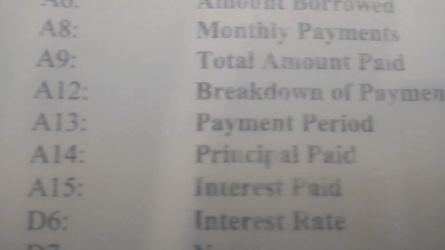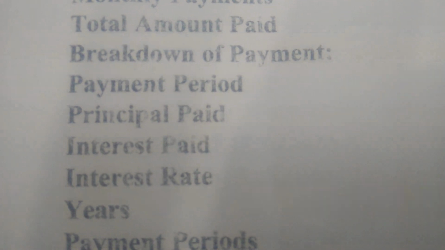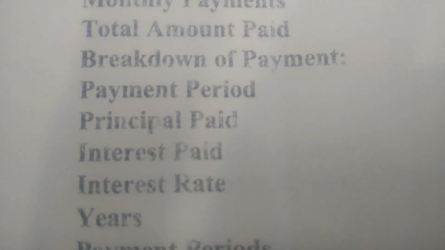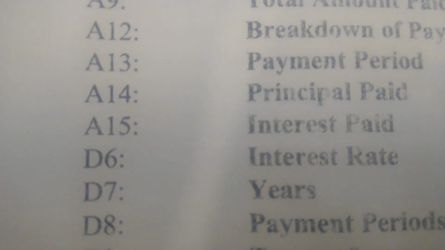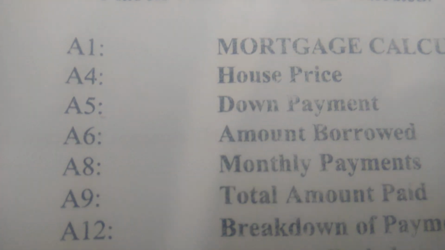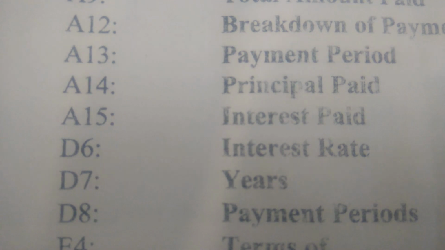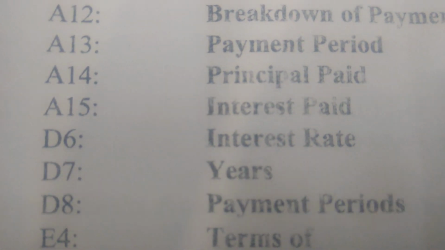In A14 you're going to type principal paid. In A15 the heading is going to be interest paid. And in D6, you're going to find out the interest rate.